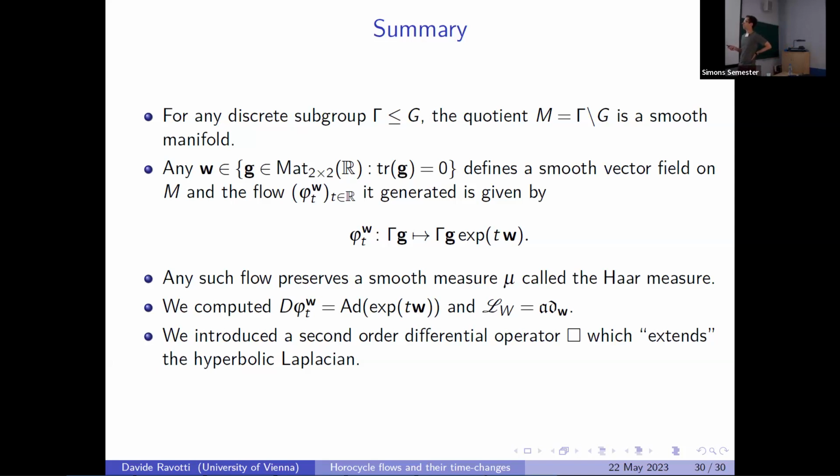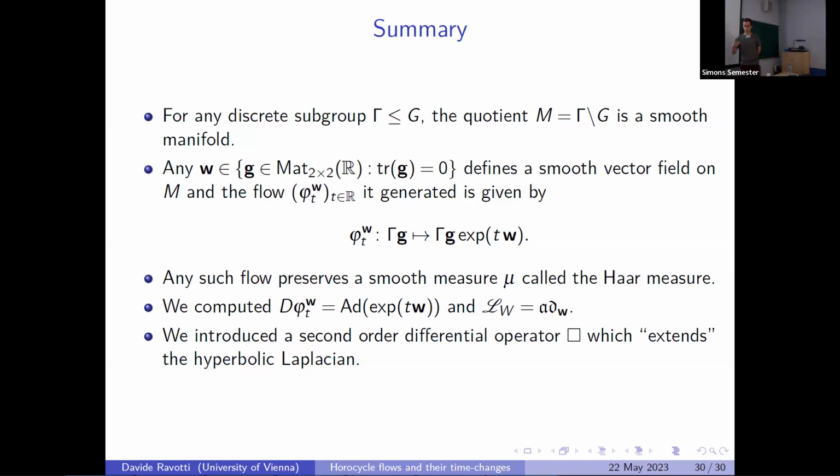We first look at the tangent space at the identity, and we identified it as the linear subspace of all 2 by 2 matrices with 0 trace. Every time we fix any element in this tangent space, we can define a smooth vector field on all of G and on all of M, because this vector field is left invariant, so it is well defined in the quotient as well.